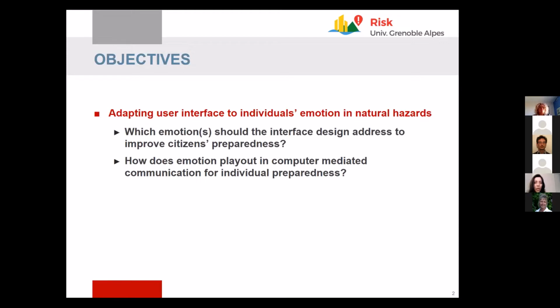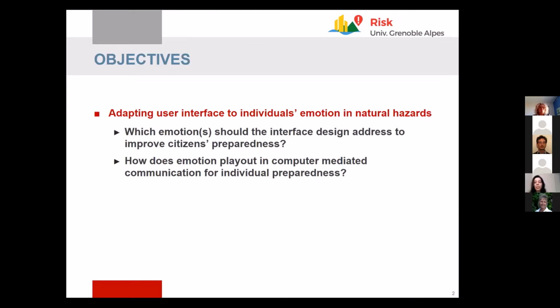interaction. So our first objective is that we want to understand which emotion the interface design should address to improve citizens' preparedness in a natural risk program. And then in the second step, we want to know how emotion plays out in computer-mediated communication for individual preparedness.